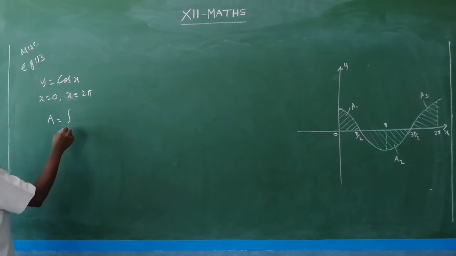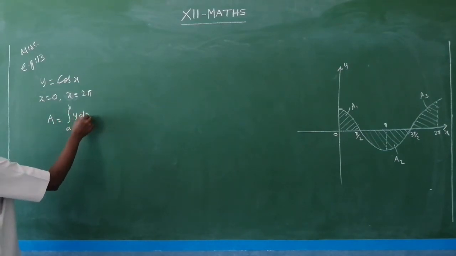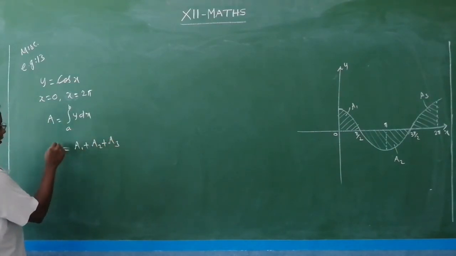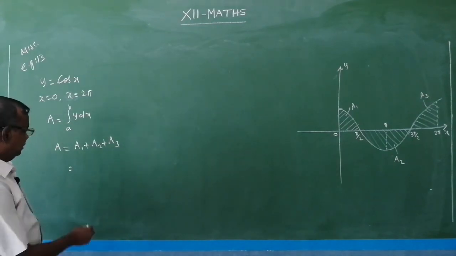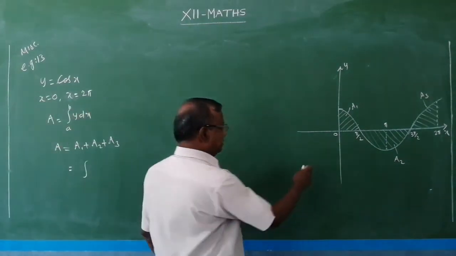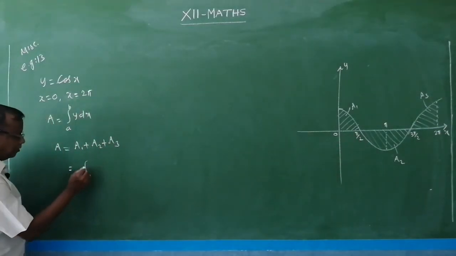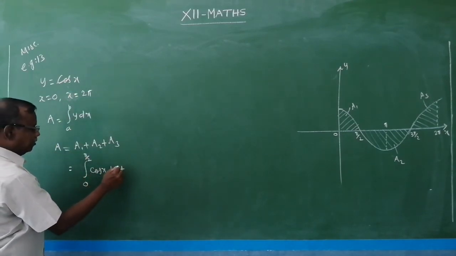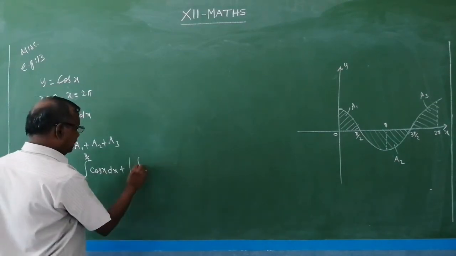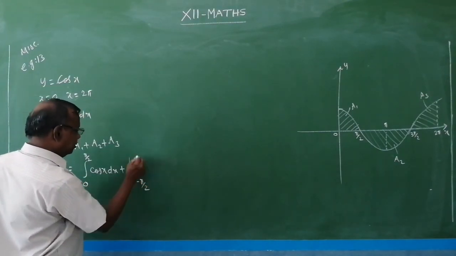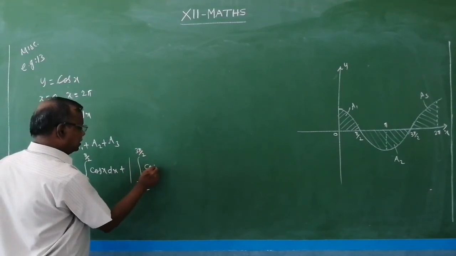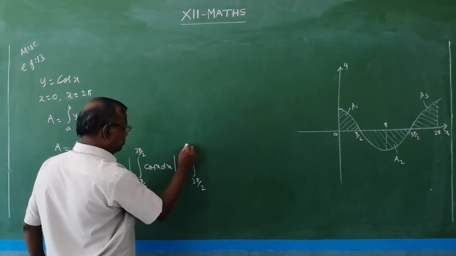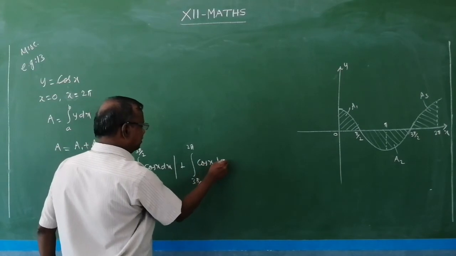We know that area equal to integral a to b y dx, which is A1 plus A2 plus A3. Now A1 equal to integral 0 to pi by 2 of y equal to cos x into dx, plus modulus of integral pi by 2 to 3 pi by 2 of cos x into dx, and plus integral 3 pi by 2 to 2 pi of cos x into dx.